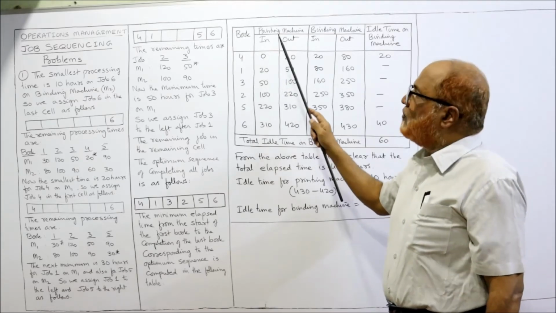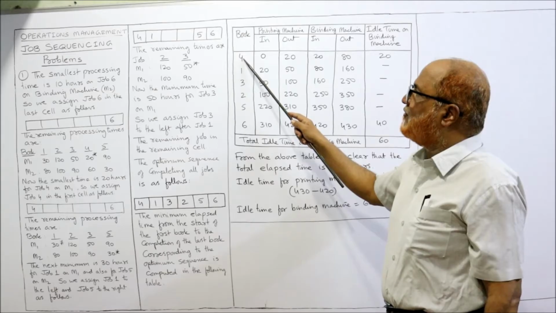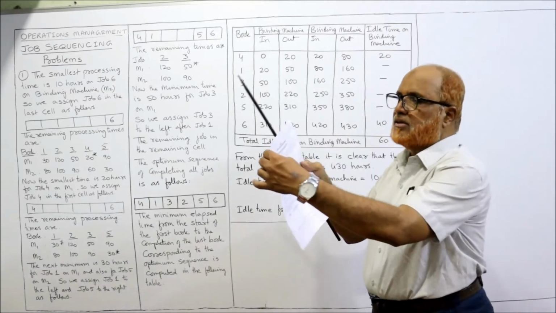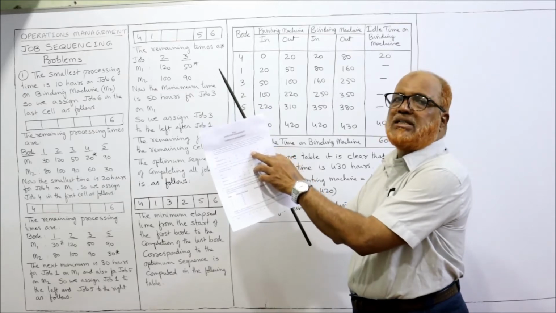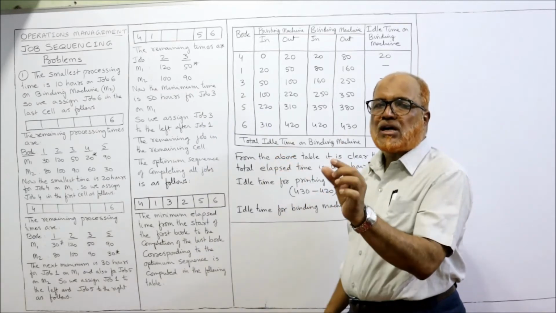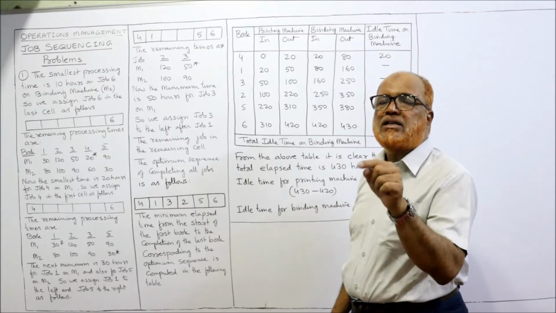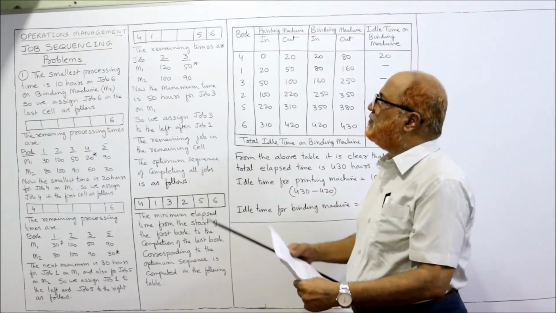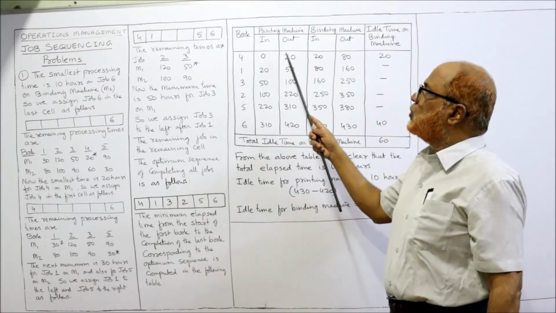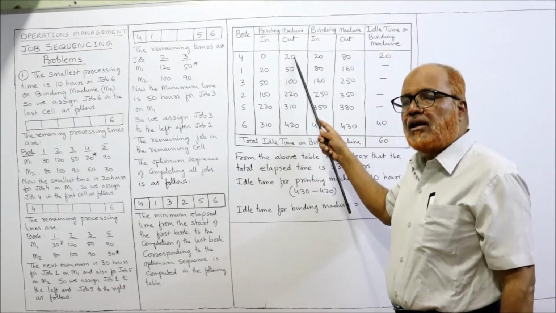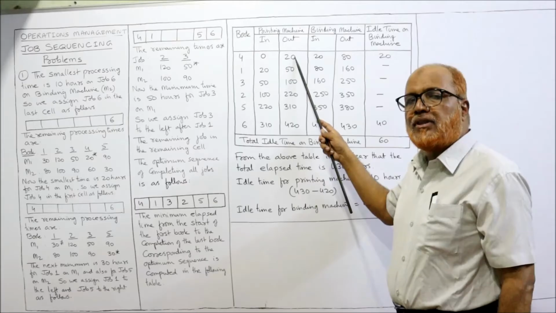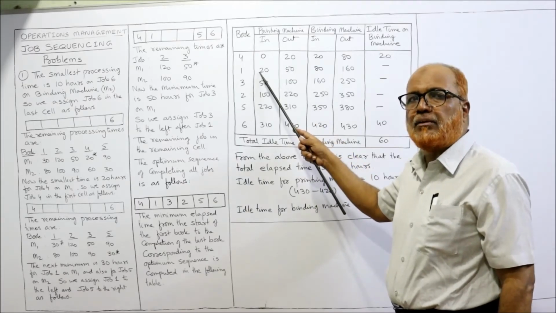From 0. So what is the processing time for the fourth book on the printing machine? See the original problem. Fourth book, printing machine, 20 hours. So we are starting from 0 and 20 hours is the processing time for the fourth book. So 0 to 20, it will be finished in 20 hours. Immediately after completing this job, the new job will be started by this printing machine.